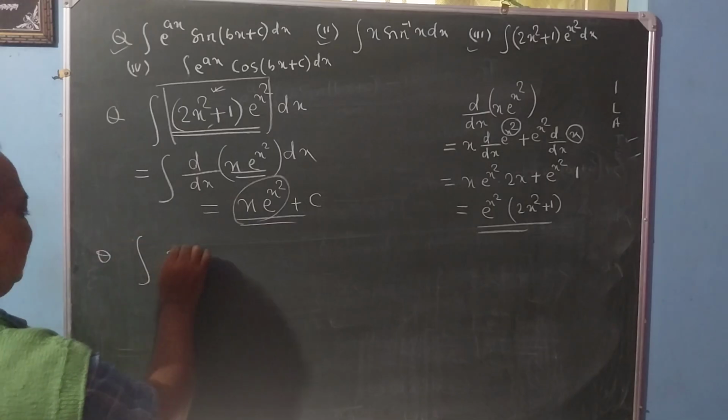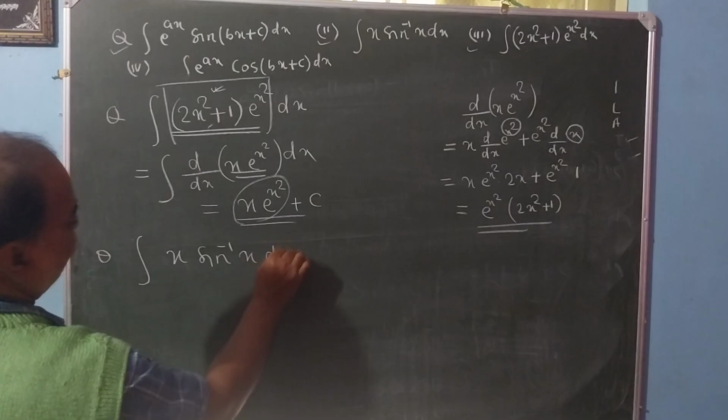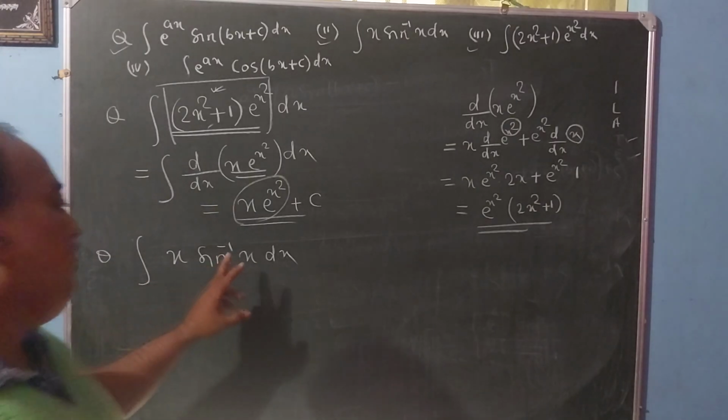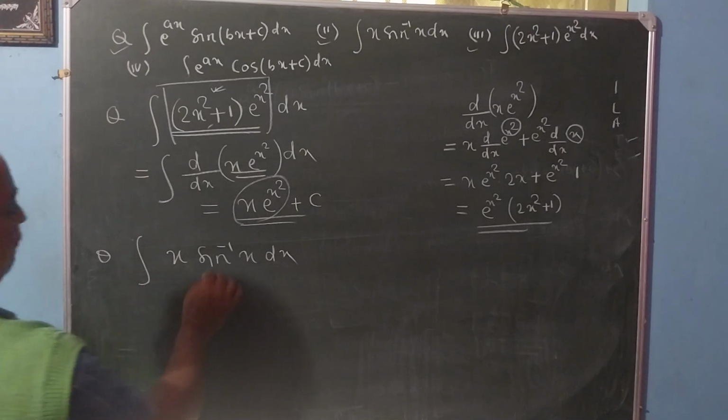Integration of x sine inverse x dx. How can we integrate? There are two types of functions available. One is inverse trigonometric functions, another is algebraic functions. So the inverse trigonometric function comes first, the algebraic function comes second. So apply integration by parts.